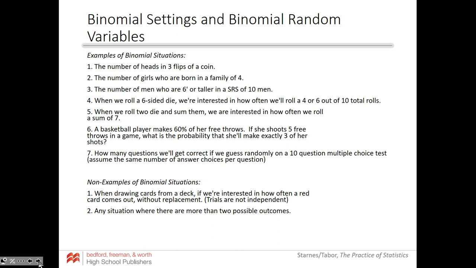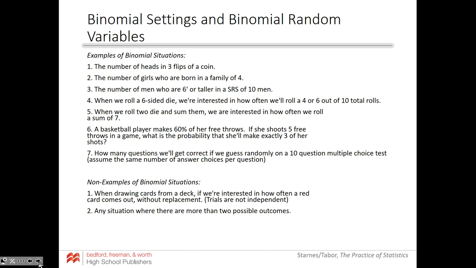So again, just some more examples and non-examples of binomial situations. Kind of read through this list. I'm just going to skip down. Number 4, when I roll a 6-sided die, we're interested in how often we'll roll a 4 or a 6 out of 10 total rolls.